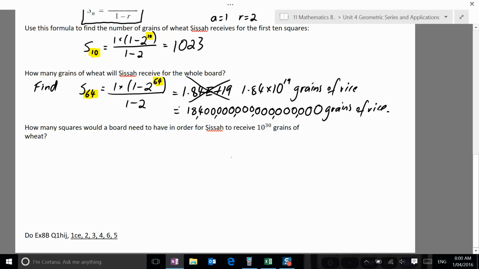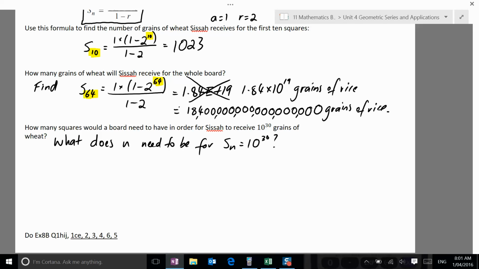What it's really asking is, what does n need to be for Sn to equal 10 to the power 30? That's really what the question's asking. So let's have a go.